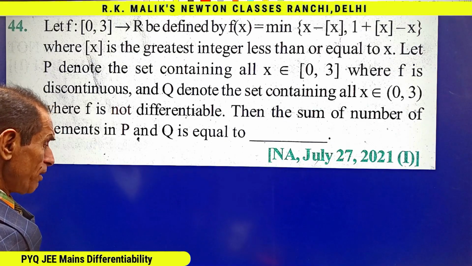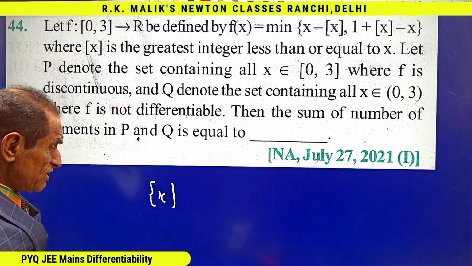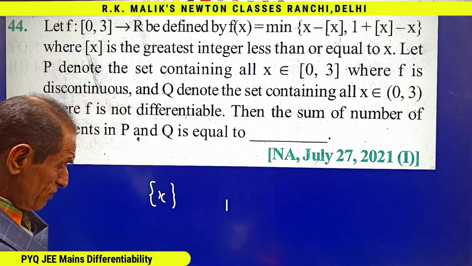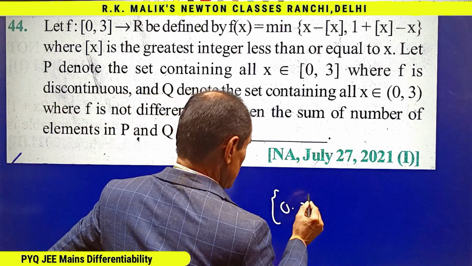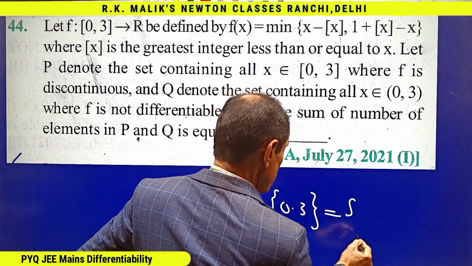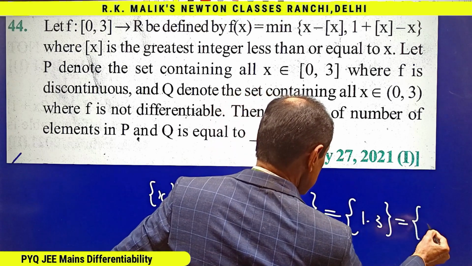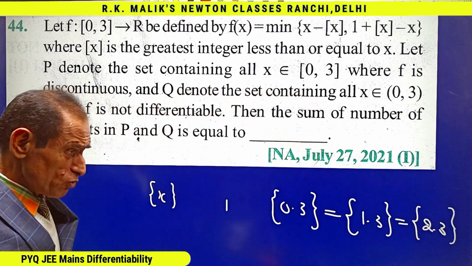The next point to be remembered is that the fractional part of x is a periodic function with period 1. That is, 0.3 or 1.3 or 2.3 all have the same values.